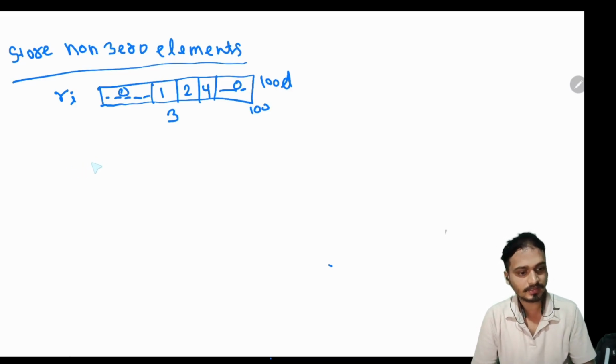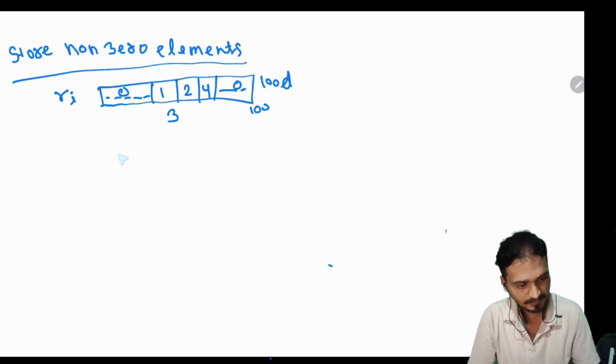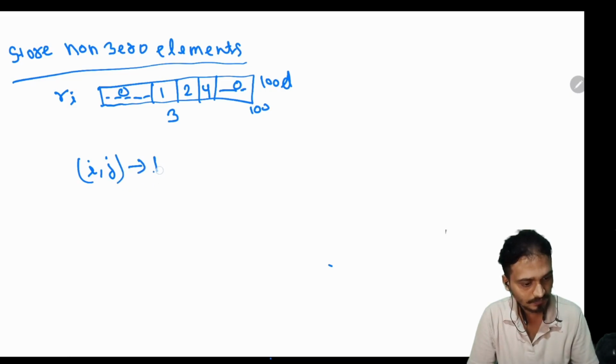By storing it in a dictionary kind of form. Instead of storing all of the elements, store only the non-zero elements. So how is it done? At the place of say I comma j, we will store 1.